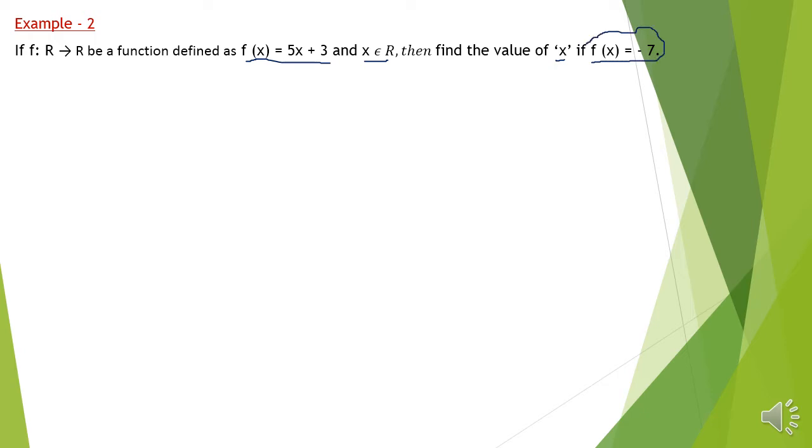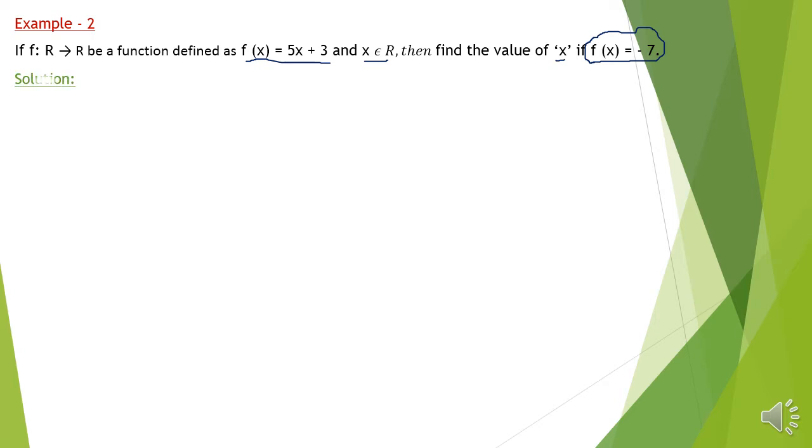Output is given. If f(x) is given, then output is given. If x is given, then input is given. So our functional value of function f is given. So we have to find the point where the function has the value -7. We have to find the value of x, the point where the functional value of the function is -7.